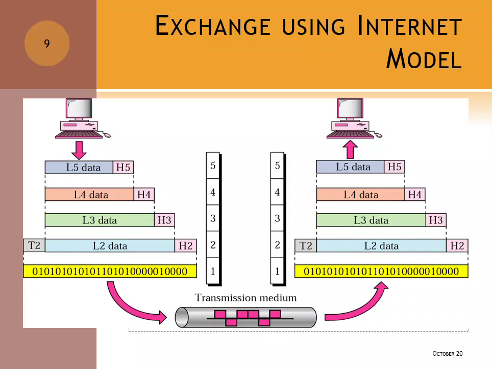So samalah macam kita hantar surat, konten asal tu dimasukkan ke dalam sampul. Step pertama, layer pertama masuk dalam sampul. Kemudian bila di post office, kita akan letakkan stamp. Kemudian post office akan chop.